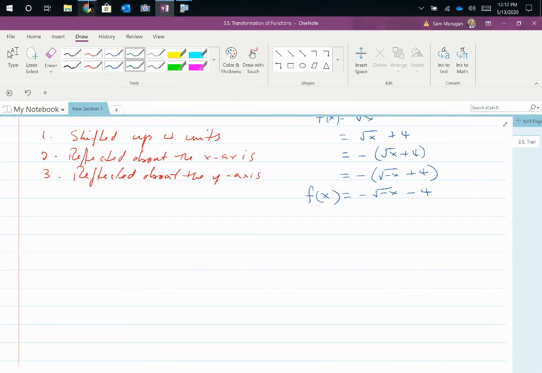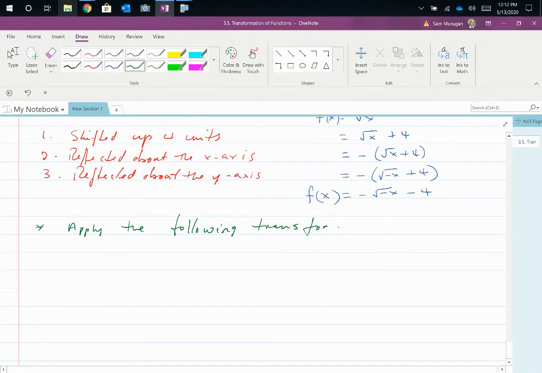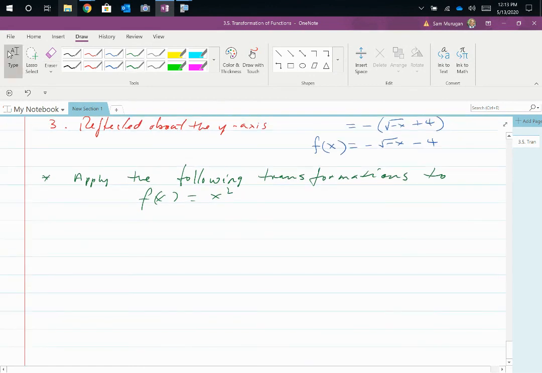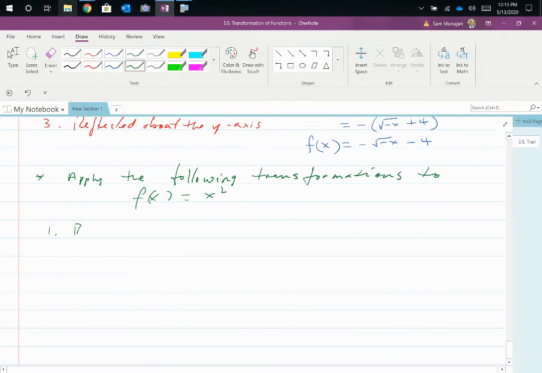One final example. Apply the transformations to f of x equal to x squared. 1. Reflect x-axis. 2. Shift up 7 units.